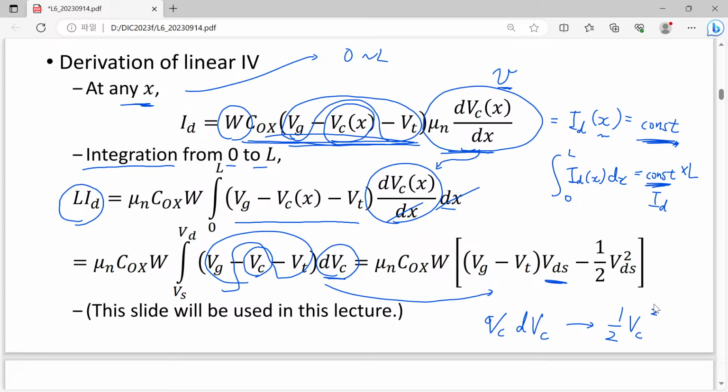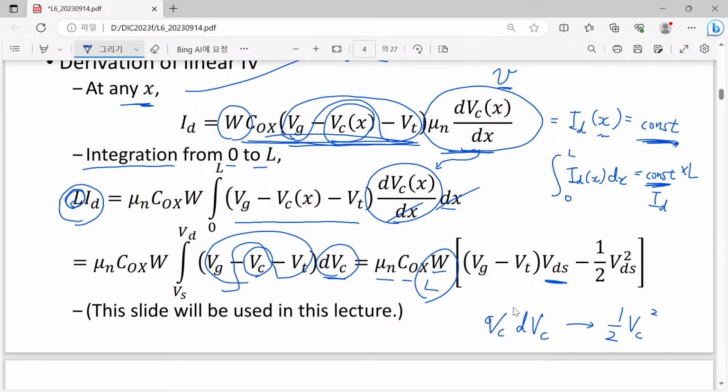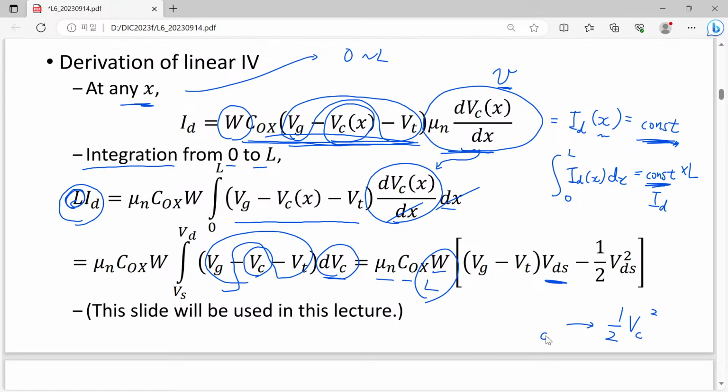That was the integral, and now you can see that we have L, and eventually this L is divided. That's the reason why we eventually have ID equal to mu n Cox W over L and so on, and that describes the dependence on your drain voltage and gate voltage. That was done for linear mode.